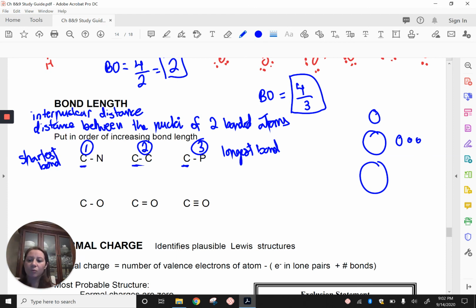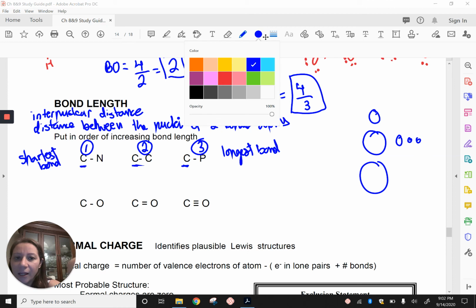Okay, so obviously the number one thing would be the radius of the atoms that are bonded. The second thing that affects it is the bond order. So if you look at this example here, all of them are carbon and oxygen bonded together. So obviously the radius of carbon and oxygen are going to be the same here, but the bond order does matter. And it turns out that the higher the bond order, the shorter the bond.